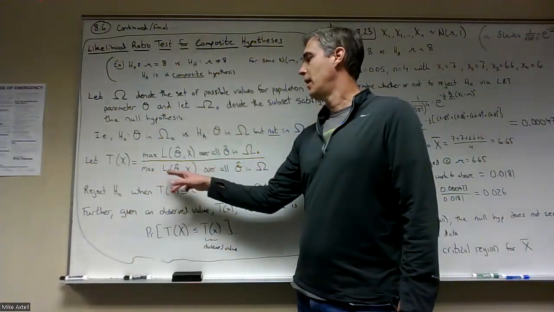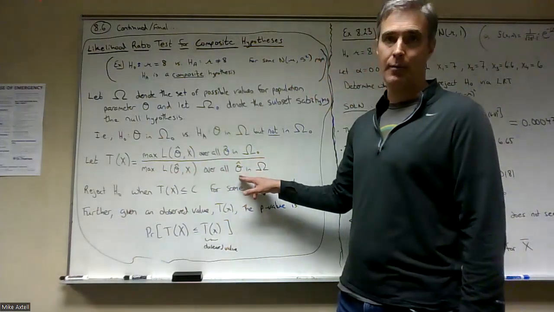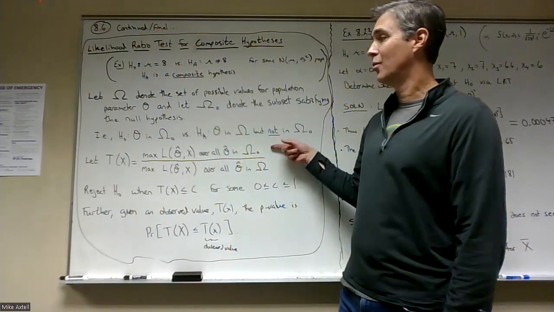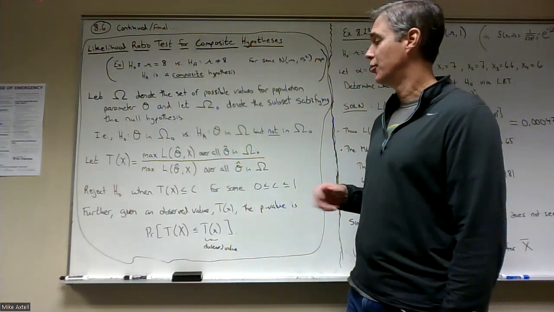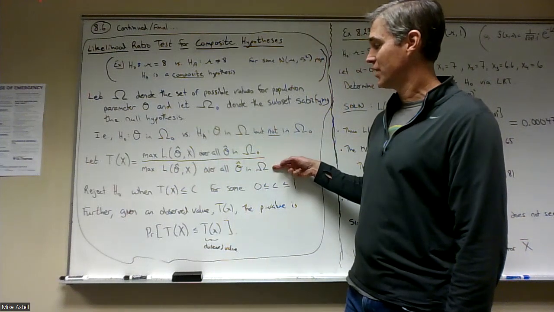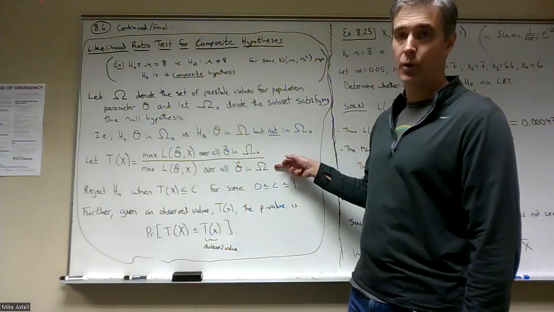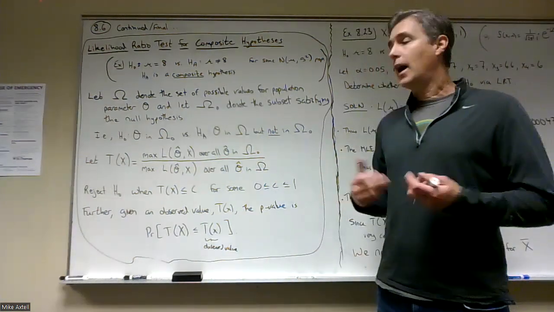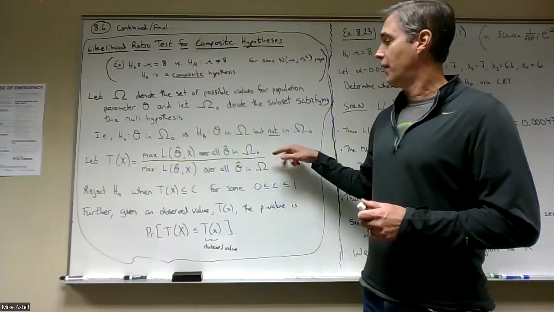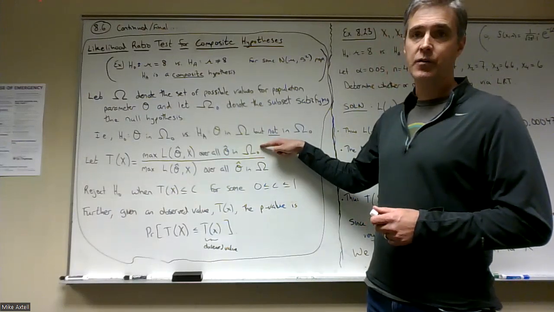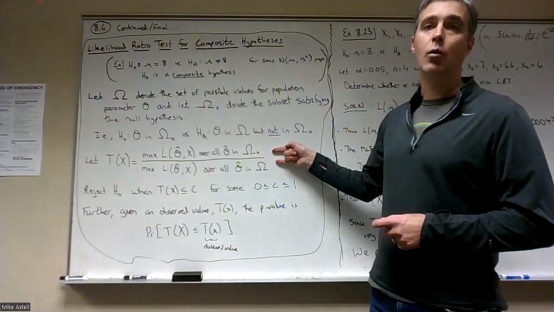It's the maximum of the likelihood of our data X under any parameter theta hat, including the ones in the null hypothesis, right? So we don't just stick with the alternate hypothesis options in the denominator here. We take all possible ones.